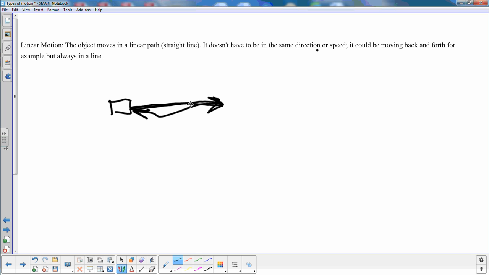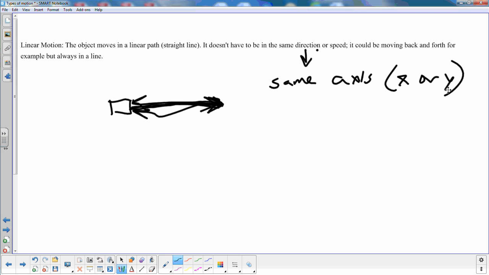So that's linear. The direction that we're dealing with would be the same axis, being x or y. All right. If you've got a ball going a little curvy, that is not at all linear. But it can be moving back and forth, but it always needs to be in a straight line.